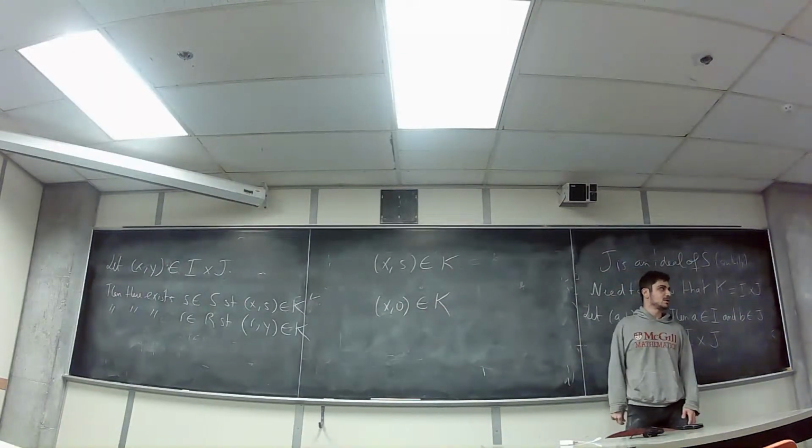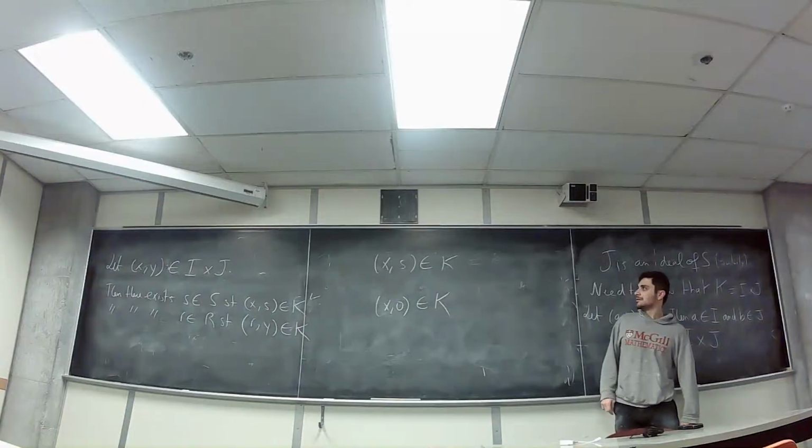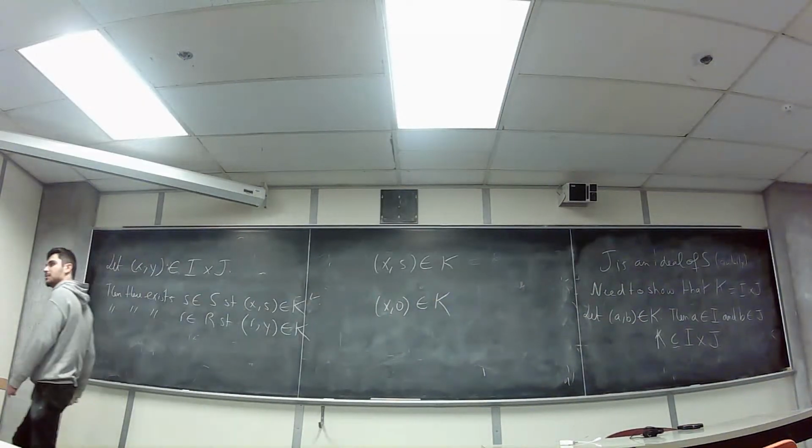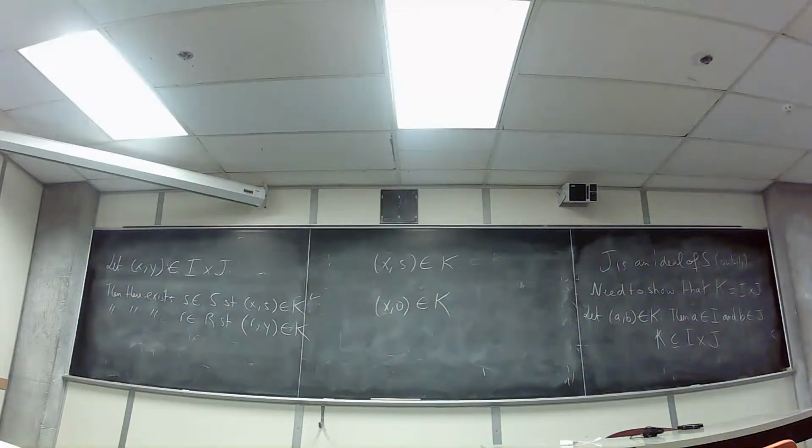I want to show that x0 belongs to K. Now I know I can multiply by elements in R cross S and still land in K. Agree? By what element in R cross S do I need to multiply xs to get x0? What's an element that would do it?